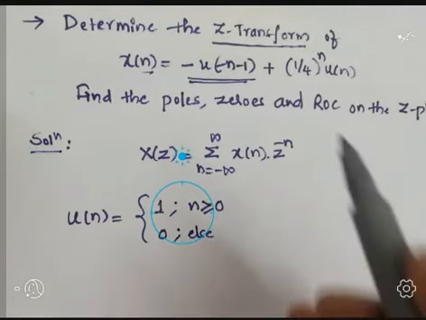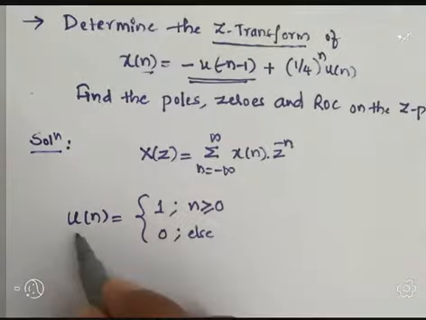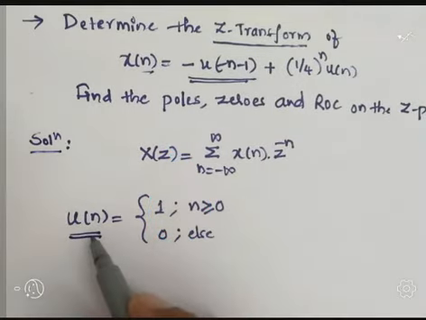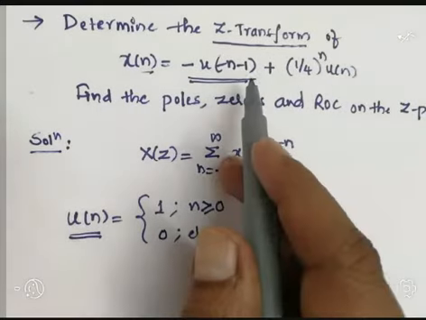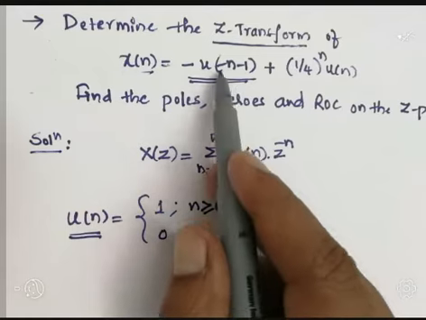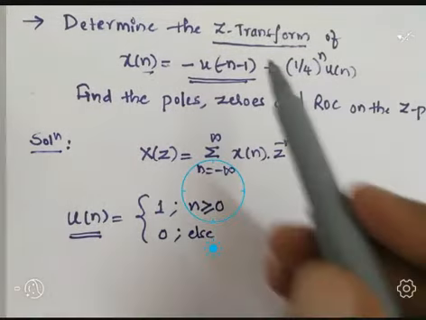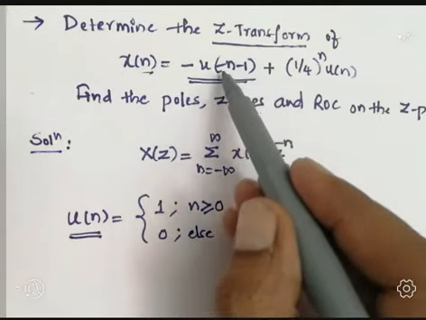But we have u of minus n minus 1. So for the step signal, two operations are performed here. One is time shifting operation, that is step signal is shifted by one sample. Delay means we have to shift one sample to the right. Then after that, we have to take the reflection of the resulting signal because minus is there. As per the precedence rule, here two operations are involved. First we have to perform time shift followed by reflection.